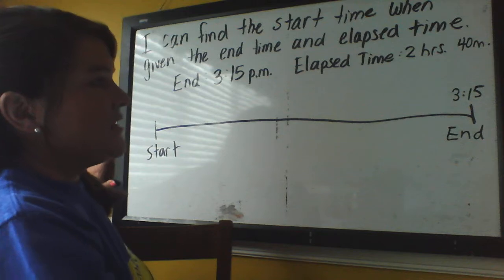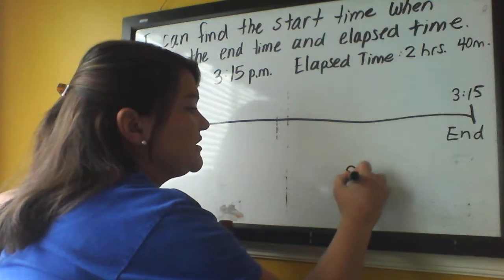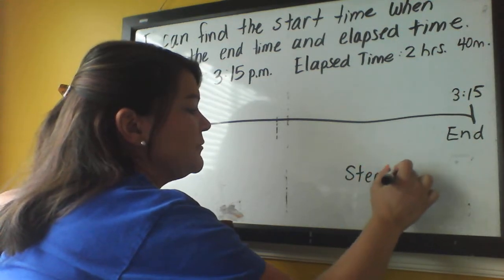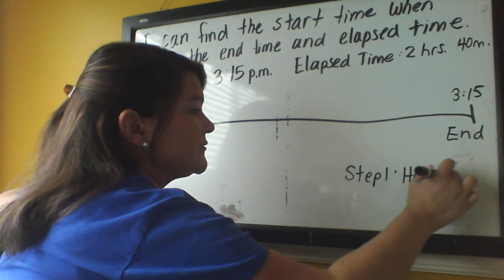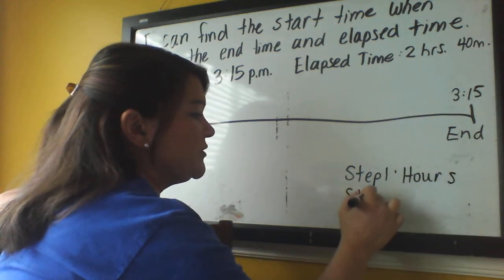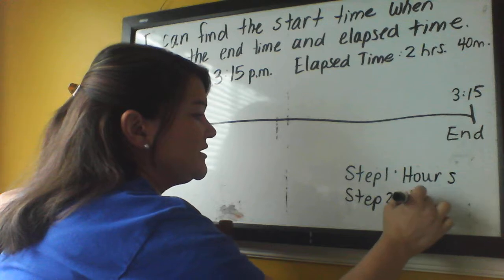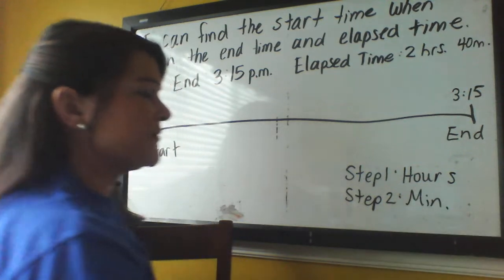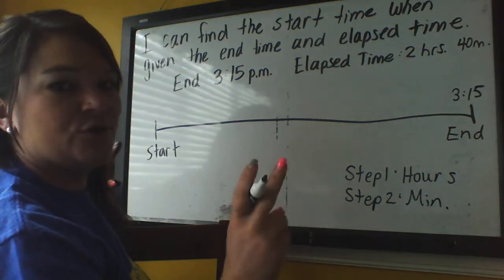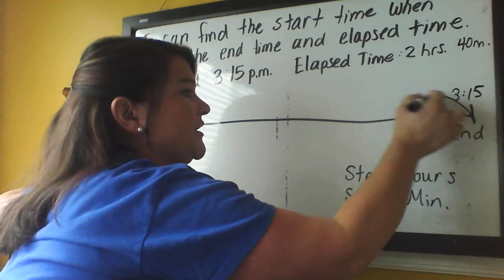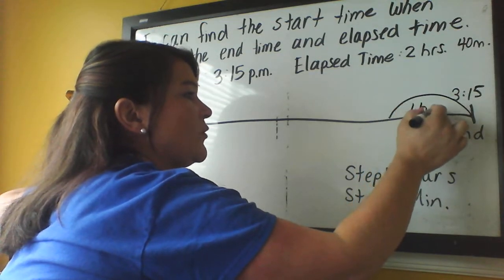Okay? So we still want to do the same steps. So step 1 would be to do your hours. And step 2 would be to do your minutes. Okay? So I have 2 hours to do. So I'm going to do 1 hour and I'm going backwards.